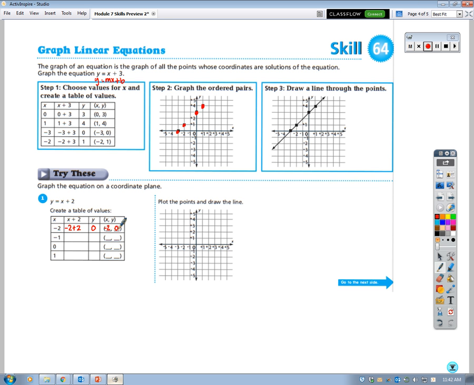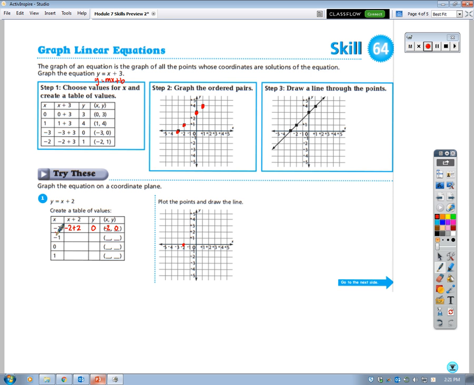So our point would be x is negative 2, y is 0. Okay. So then our coordinates here are negative 2 and 0, and we'll plot those. Negative 2 on x and 0 on y, so that's our first point.